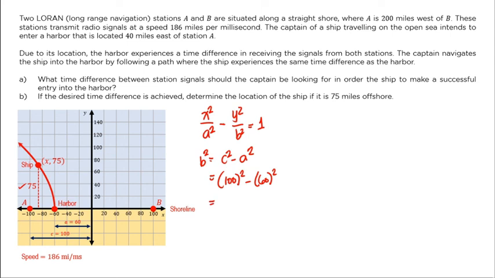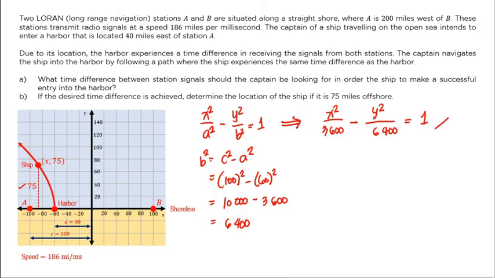And this is equal to 10,000 minus 3,600, right? And this is 6,400. So therefore, the equation of the hyperbola will be x squared over a squared, which is 3,600, minus y squared over b squared, which is 6,400, equal to 1. So this will be now the equation that we are going to use to solve the problem.